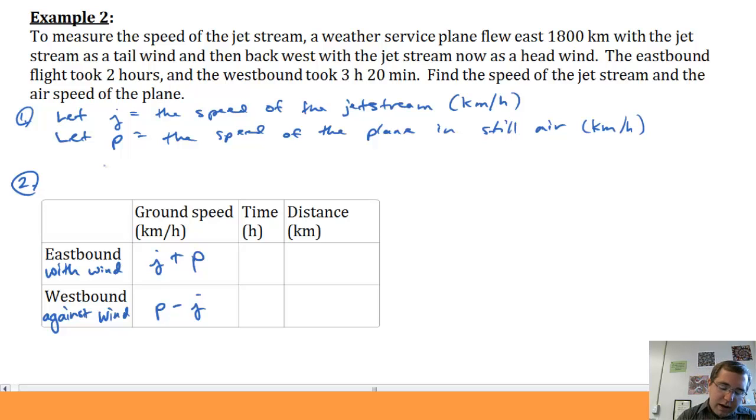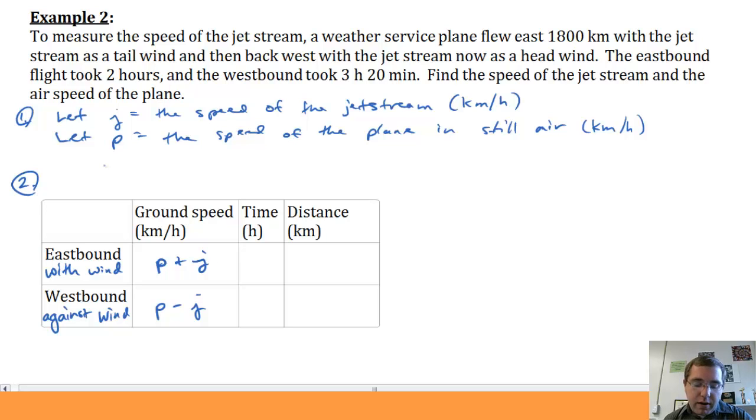And maybe we should rewrite with the wind as being P plus J rather than J plus P, though it's the same thing. But it would help to be consistent. Okay. So P plus J with the wind, P minus J against the wind.